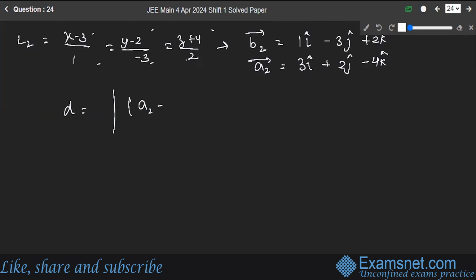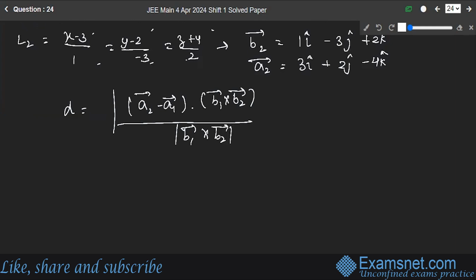Now the distance is given by modulus of (A2 minus A1) vector dot product with (V1 cross V2) divided by the magnitude of this cross product. Now in the question, it is given to you that this distance is equal to this, root 3 by 38 by this.